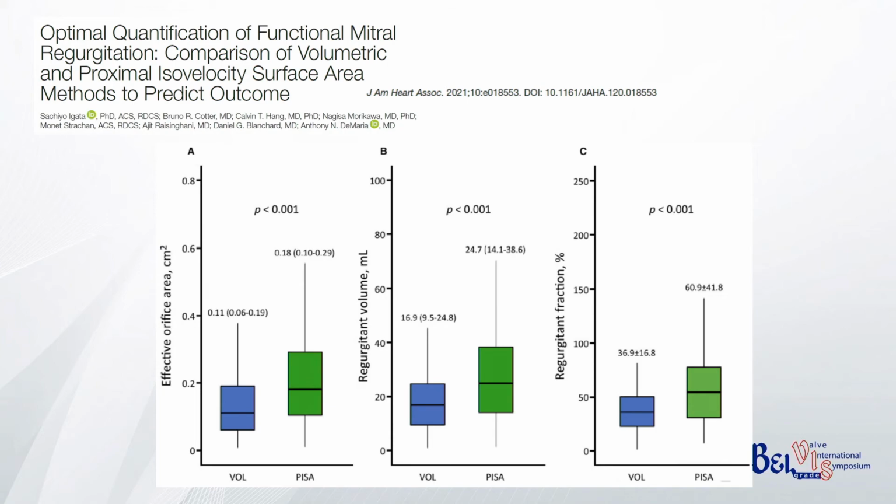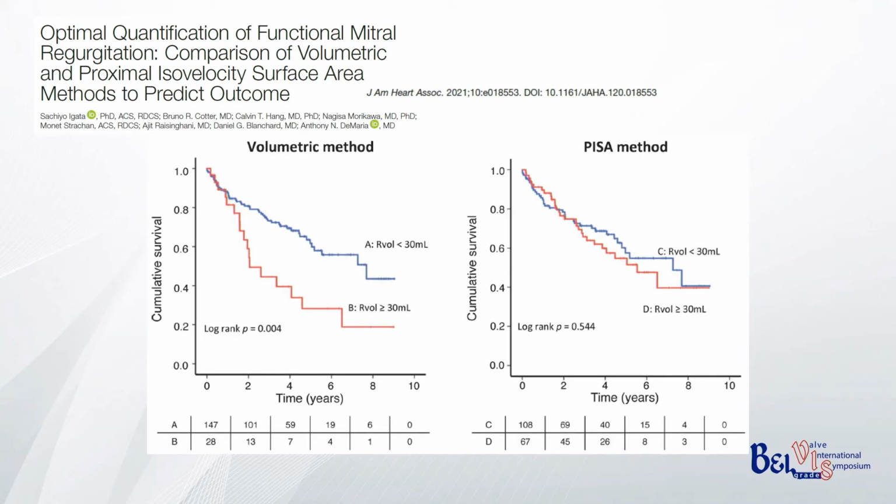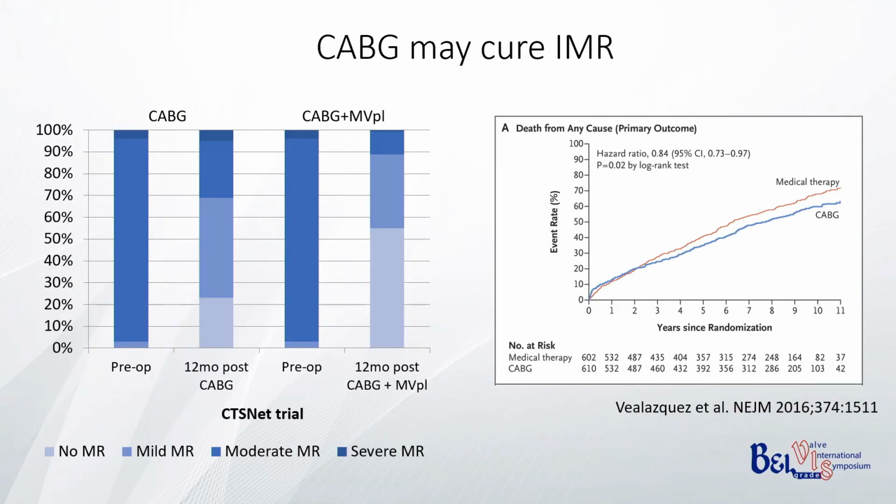And what's more important, the predictive value of these measurements clearly shows that it is not the PISA method, but the volumetric method that will give you a prediction of decreased survival with effective orifice area below 0.2, and it will give you worse survival with regurgitant volume below 30 mils, which obviously is a more severe criterion than the one derived from PISA in this situation.